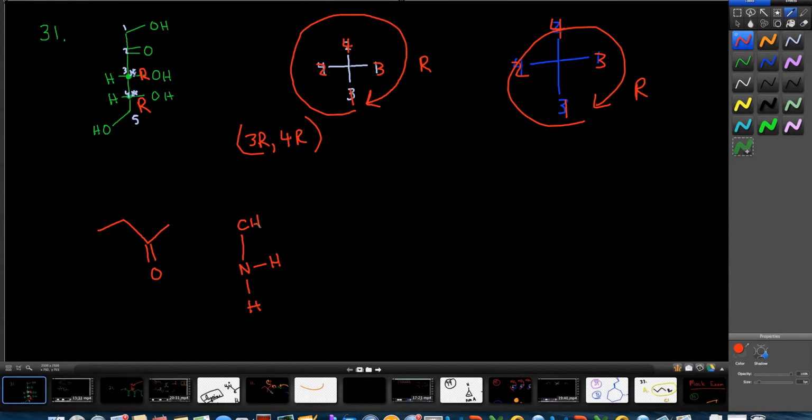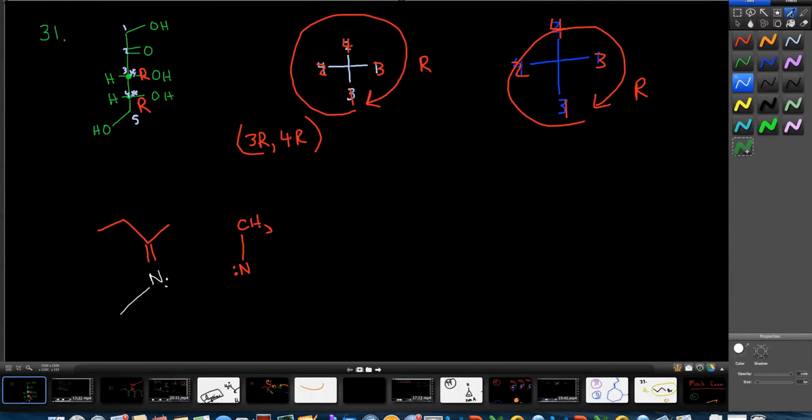But I simply want to show you a nice shortcut for converting these two. You're going to lose water, so you're going to lose H2O. So I'm simply going to take one of the H's away, the second H away. I'm going to take the O away, and I'm going to move this nitrogen to where the oxygen used to be. So I get the following imine when the reaction is all said and done.